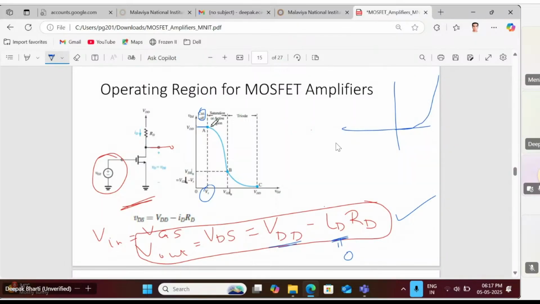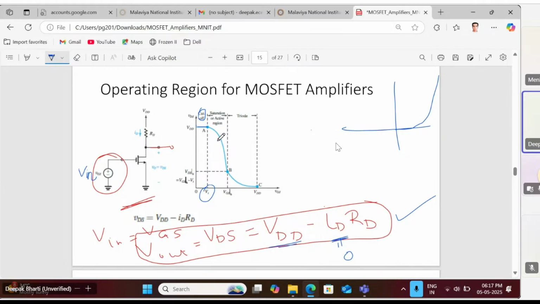After that, the input VGS will be small, but VDS is still large. Why large? Because it is close to VDD.